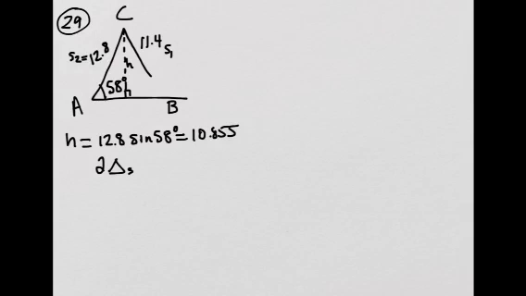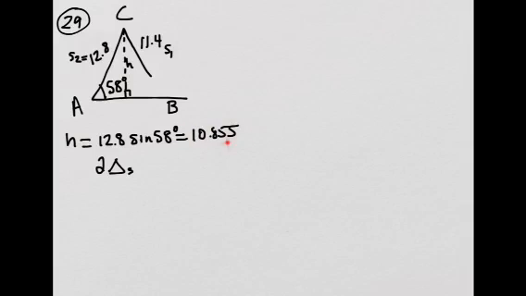Alright, so 29, it's actually the example in your notebook. But anyway, I'll go through it again. You have the angle here that they give you, and the side opposite, that's side 1. And side 2 is the other side that they give you, and I always label it on this side. Because this is an acute angle, and this is smaller than this, I've got to look at H. So here's H, right here.